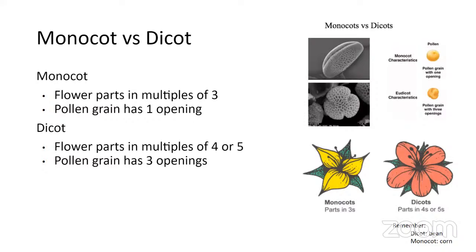One quite easy thing to count is how many petals there are. Monocots tend to have their petals and parts of the flower come in threes, so multiples of 3. There are obviously way more numbers of petals we could have than 3 or 4 or 5, but you may have little clusters of 3s.